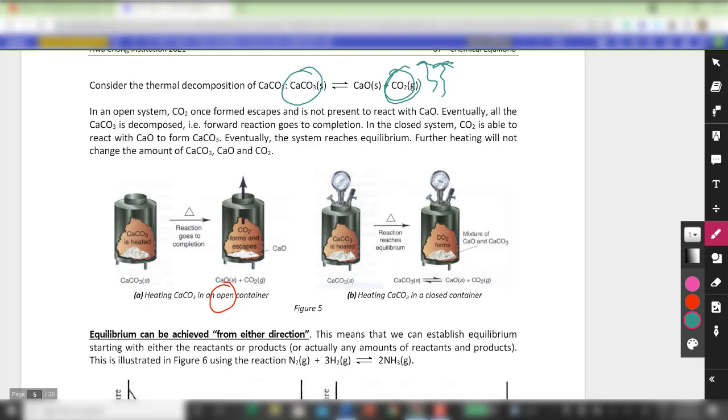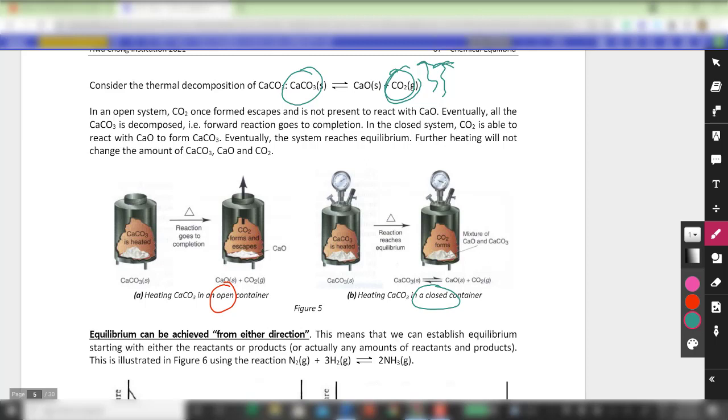So we say that the production of CO2, when you allow it to escape, causes the position of equilibrium to lie to the right and drives the reaction to completion. These are the language of chemistry that we use. That's in an open system, but in a closed system, that's fine.